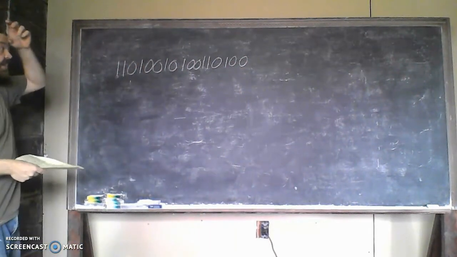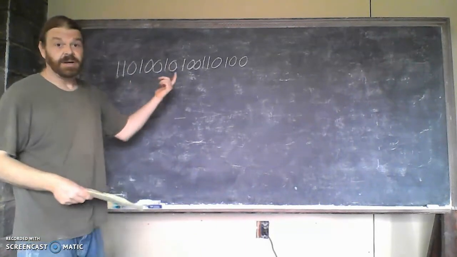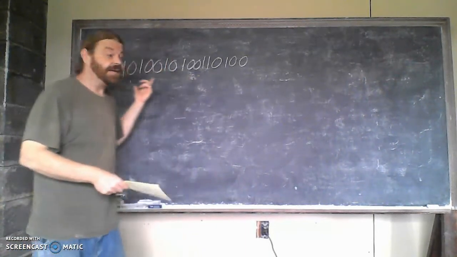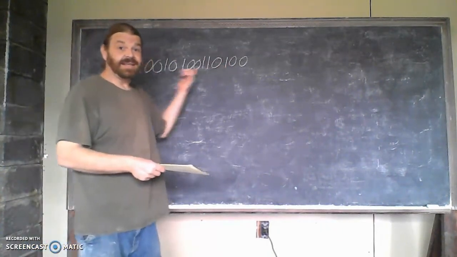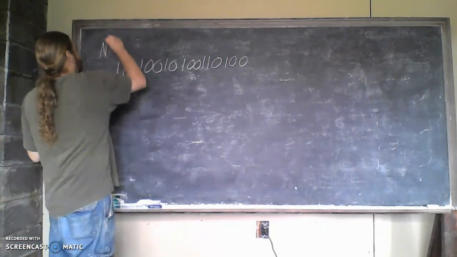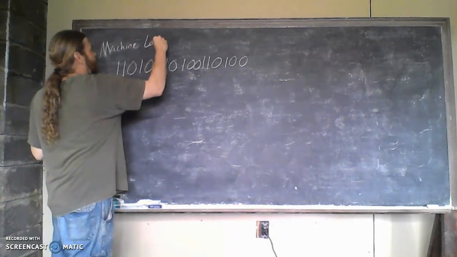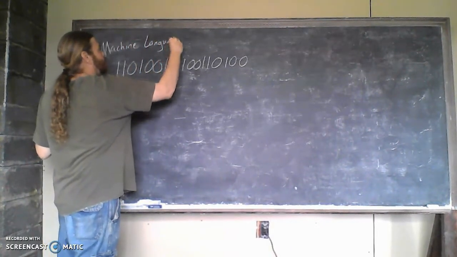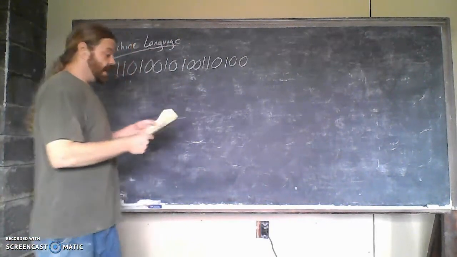So the machine is going to have something like this, which we look at that, have no idea what that's saying, right? And this is what's called machine language. This is what the computer is actually processing.